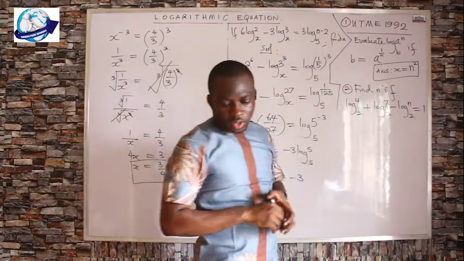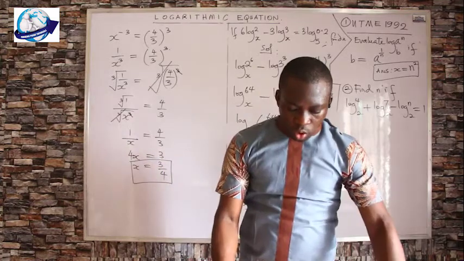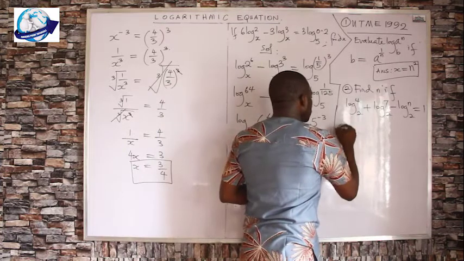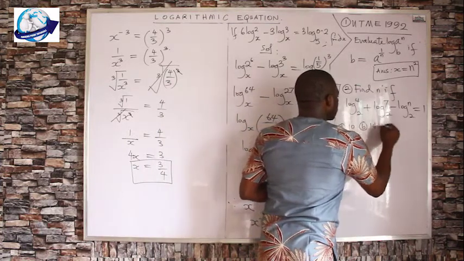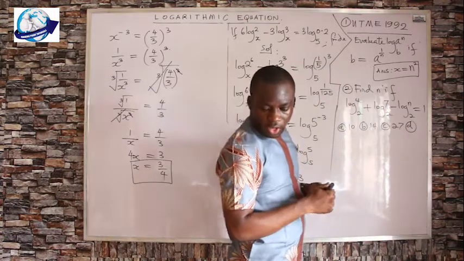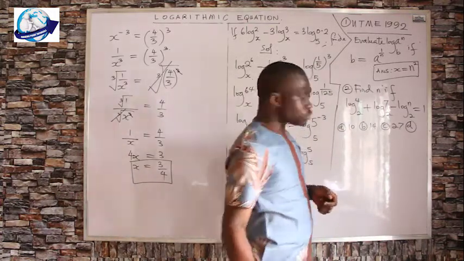So that's the value. And this one carries options: A, 10. B, 14. C, 27. And finally, option D as 28.